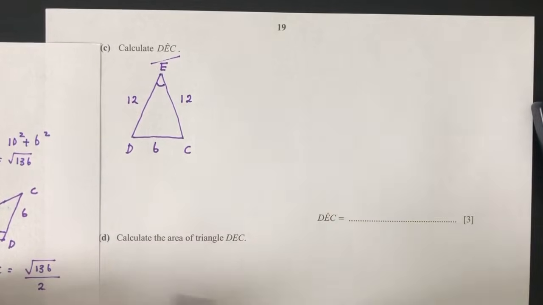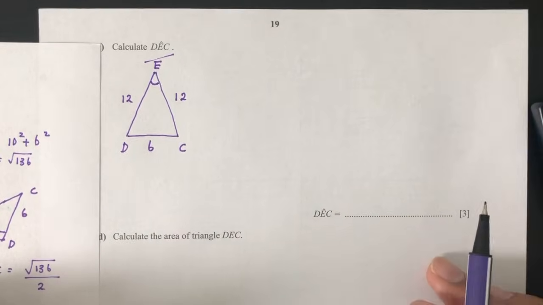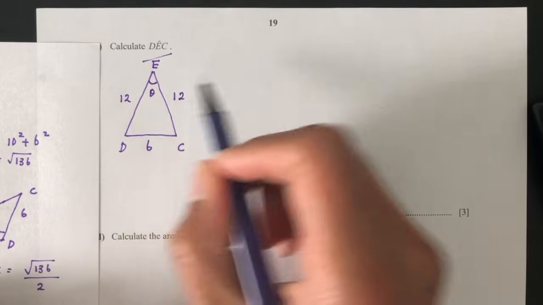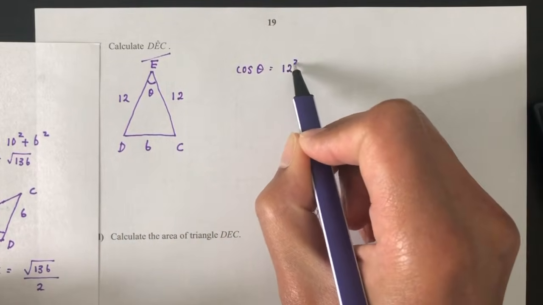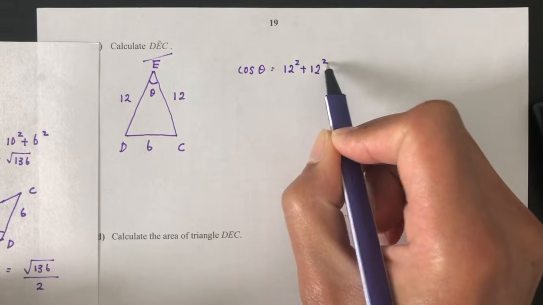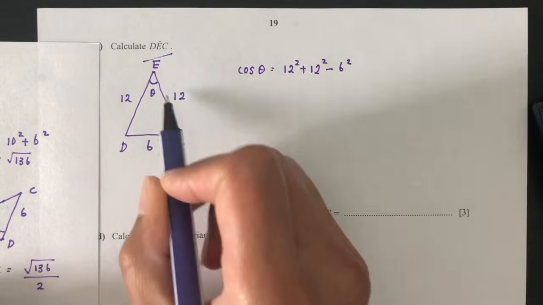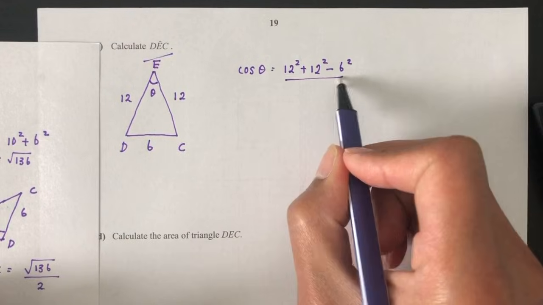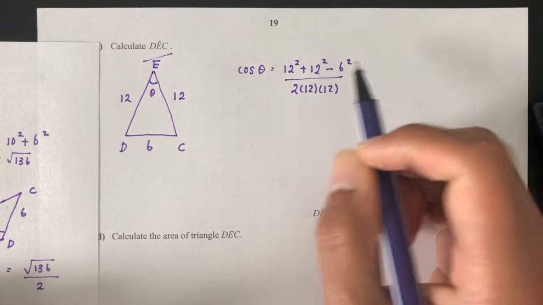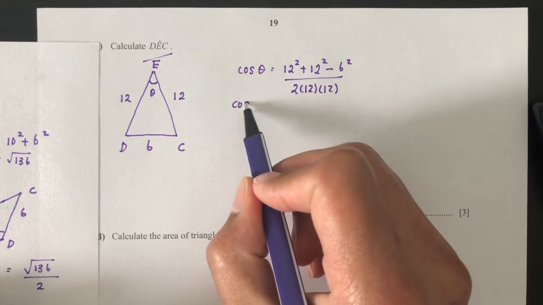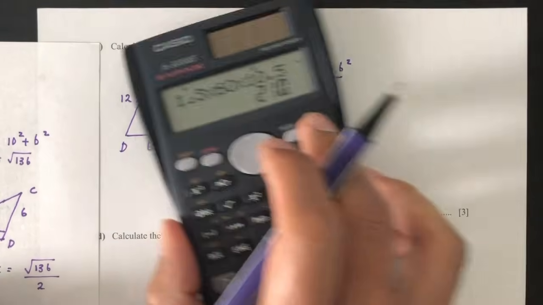So how do you find this angle? We have to use the cosine rule. So let's call this one theta. So we say cos theta is equal to 12 square plus 12 square minus 6 square, according to this triangle, divided by 2 times 12 times 12. Simplify, cos theta will be equal to what?